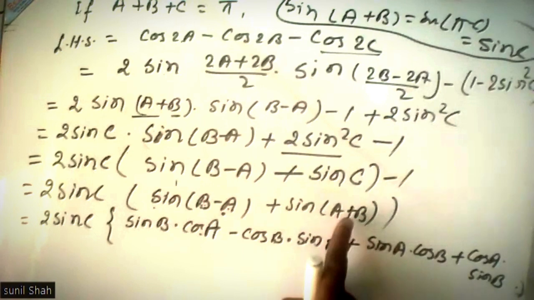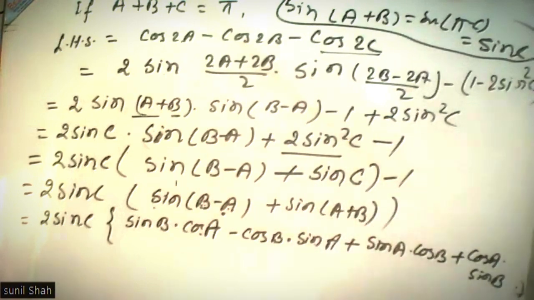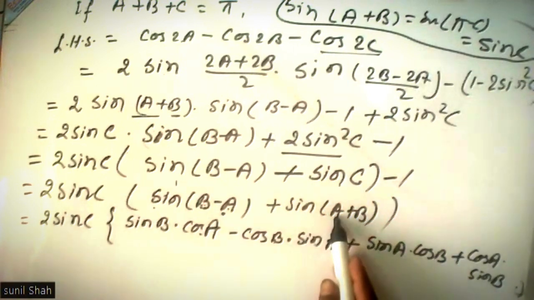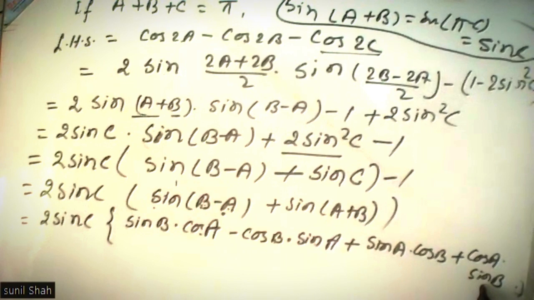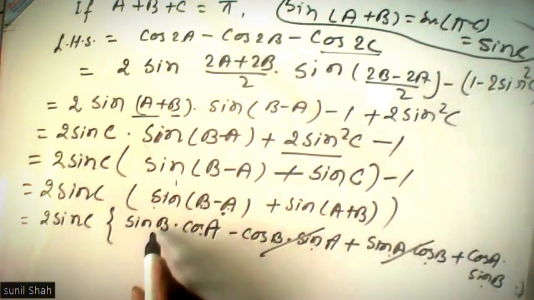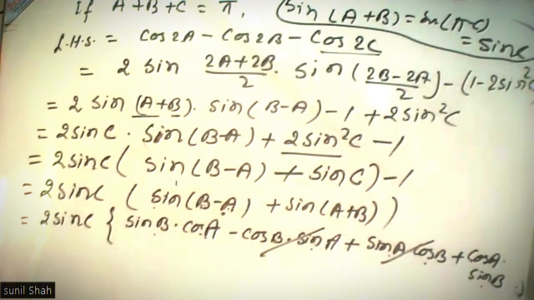The sin A cos B terms get cancelled. We have sin B cos A and sin B cos A.